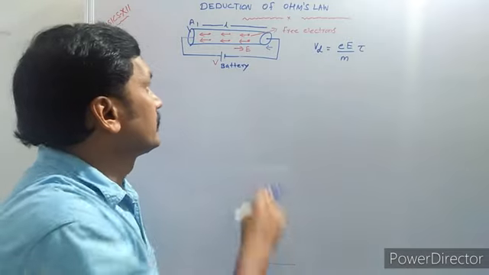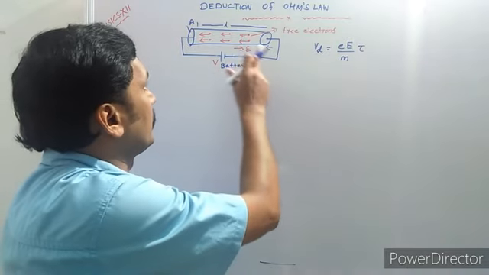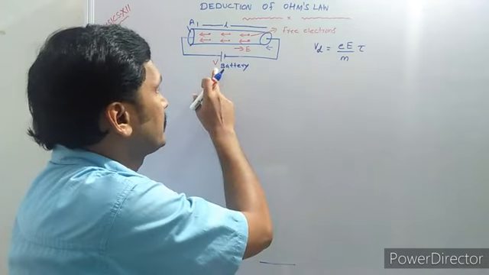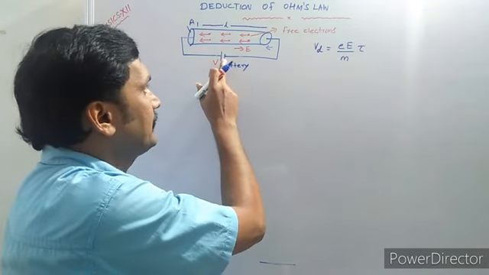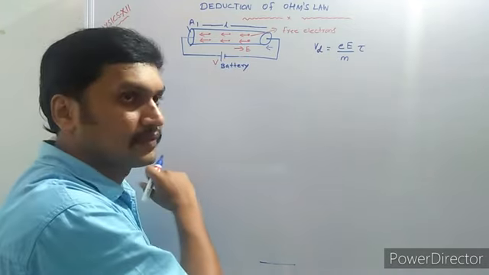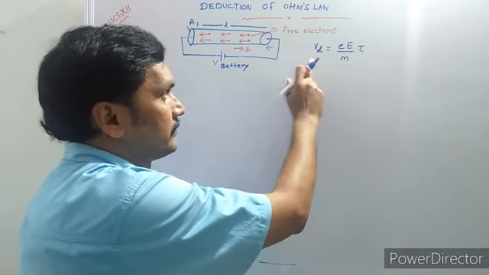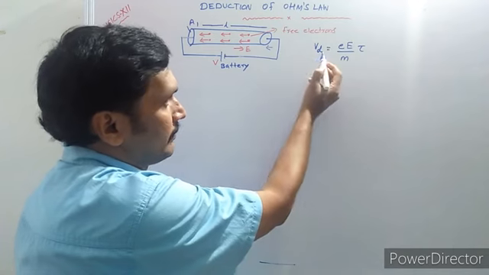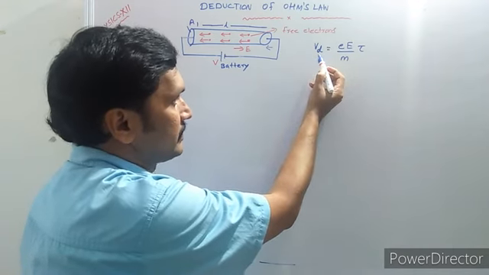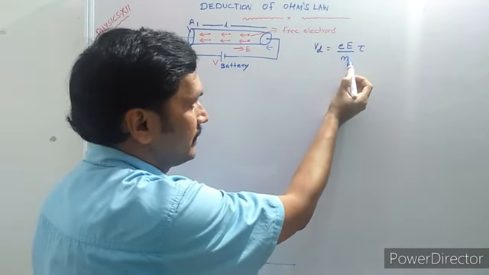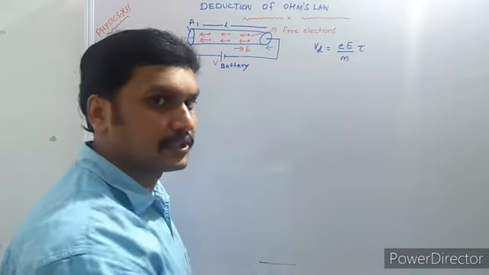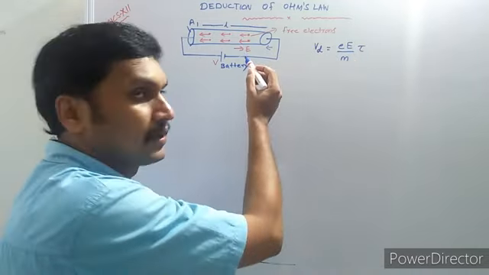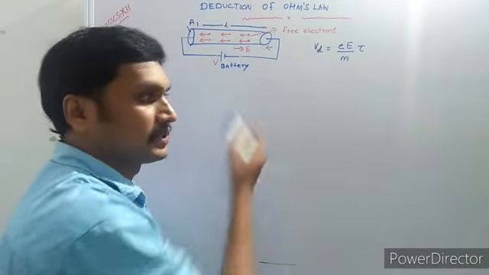Let us see. Here we have a conductor of cross-sectional area A and length L. A potential difference V is applied using a battery. The drift velocity of the electron can be written as Vd is equal to E by m into the relaxation time, where E is the electric field on this conductor.